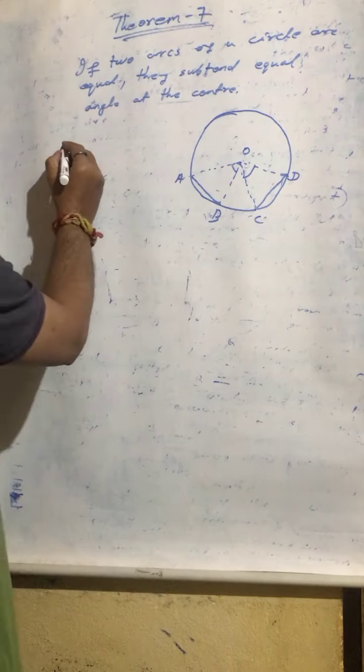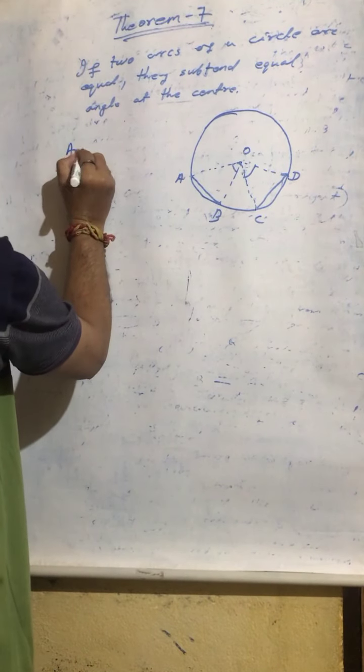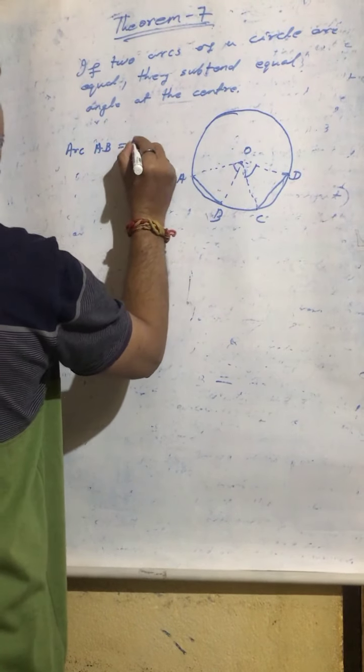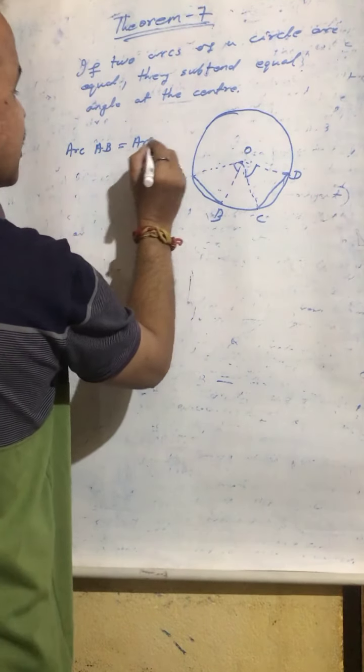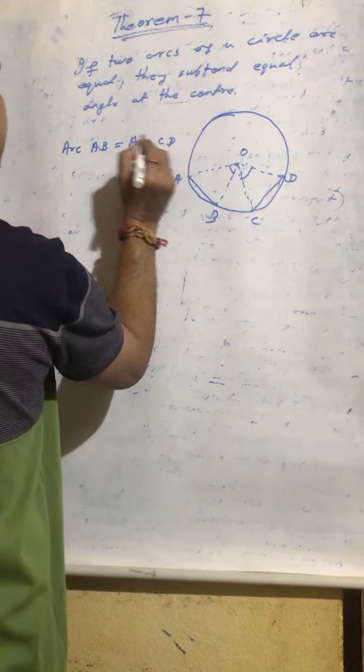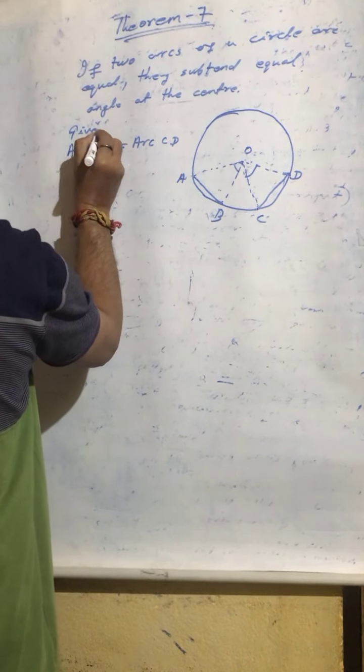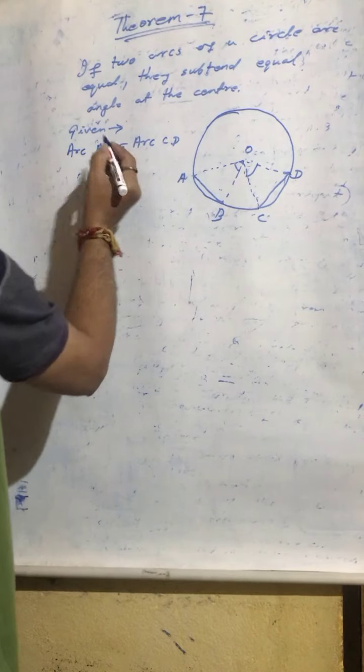Here it is given arc AB equal to arc CD. What is given? Given arc AB equal to arc CD.